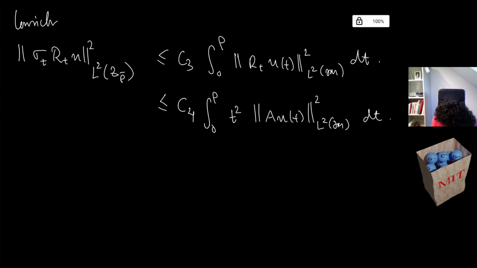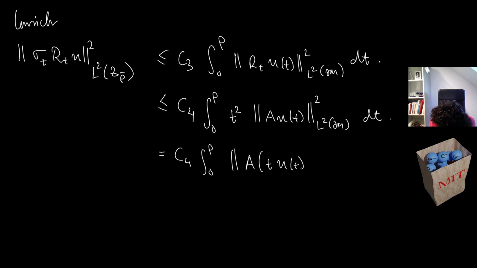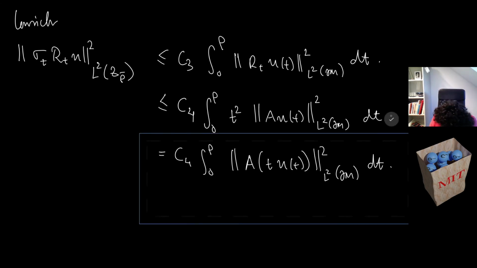So this is now going to just be C4, 0 to rho, A of, now I'm going to apply this to T of U T squared L2 partial M dt. Okay, so I'm just going to take the constant. Oh, sorry, there's an inhomogeneous term missing here.